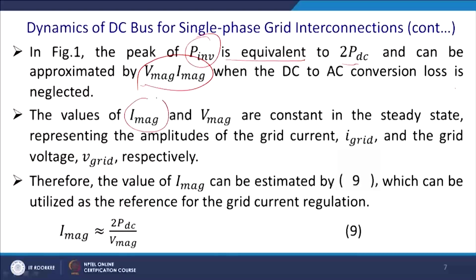The values I_MG and V_MG are constant in the steady state, representing the amplitude of the grid current I grid and the grid voltage V grid respectively. Therefore, the value I_MG is estimated by the equation I shall show later, which can be utilized as a reference for the grid regulation. This is equation 9. So, I_MG is equal to essentially 2 P_DC by V_MG.